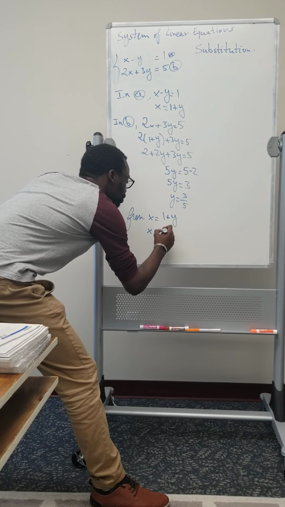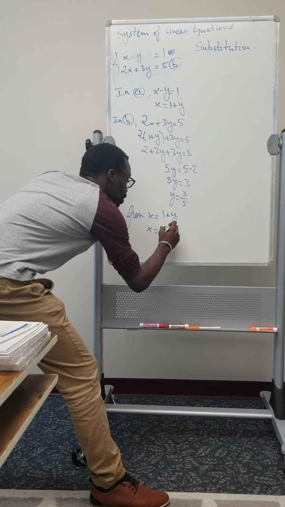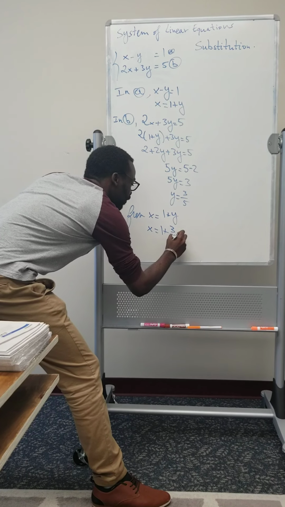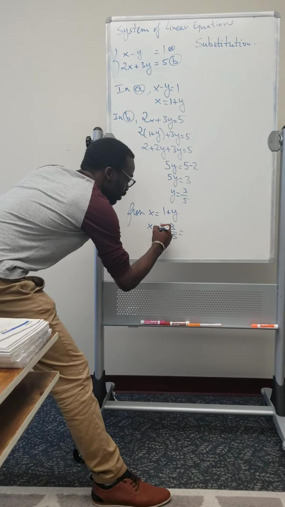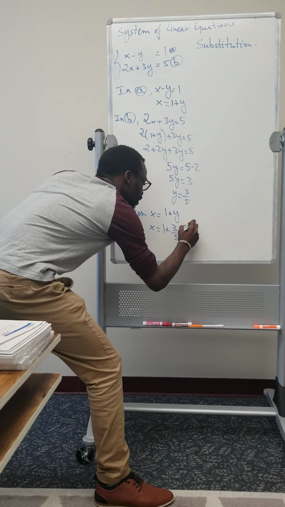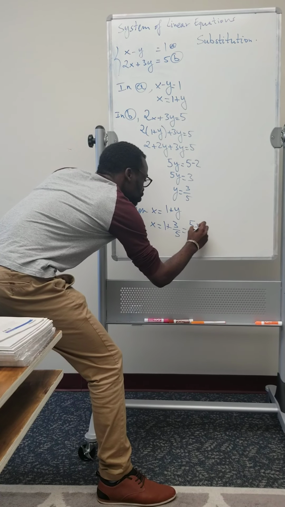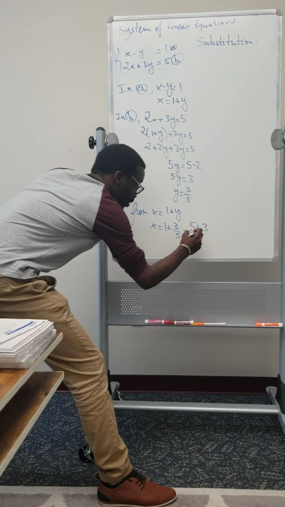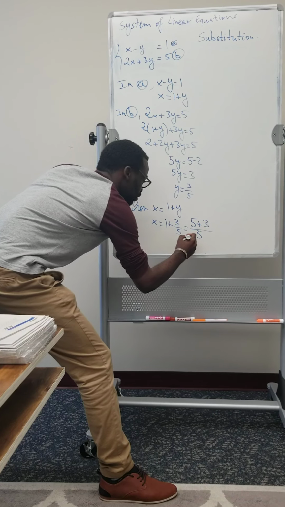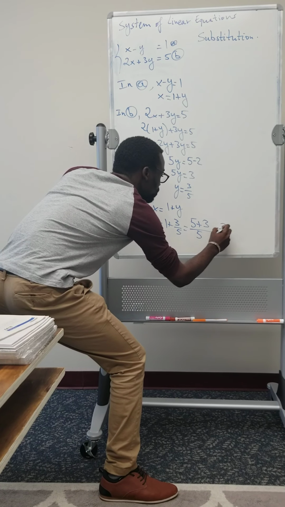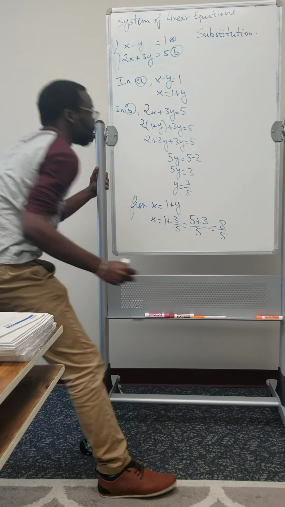X is equal to 1 plus 3 over 5, which is 1 times 5, 5 plus 3 over 5, which is basically 8 over 5.